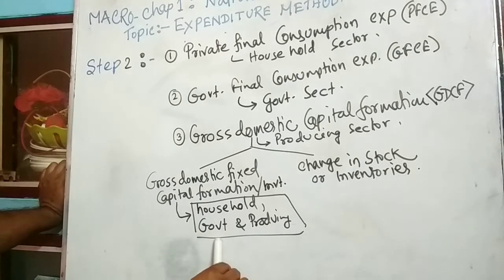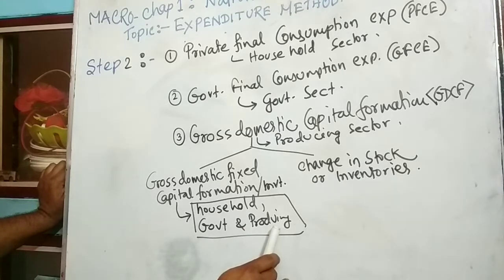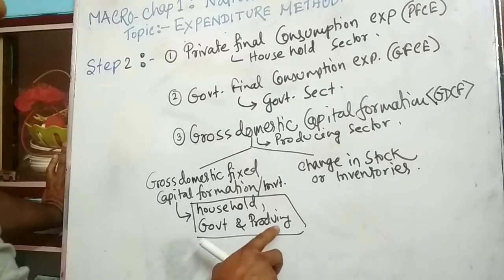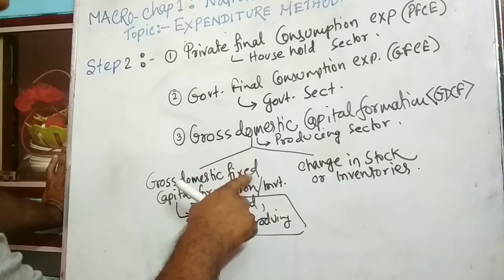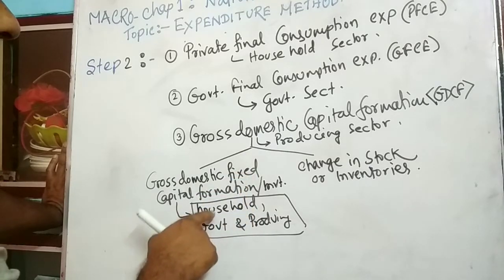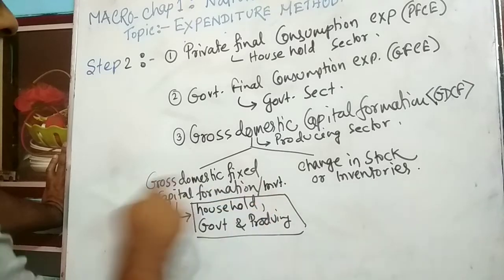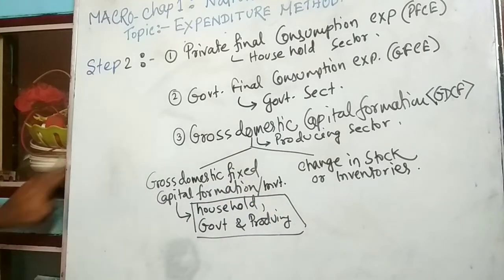Government fixed investment means, suppose the government constructs a bridge or a hospital. Producer's fixed investment means, if a producer or a farm purchases a machine or a plant. Together all these three make gross domestic fixed capital formation.